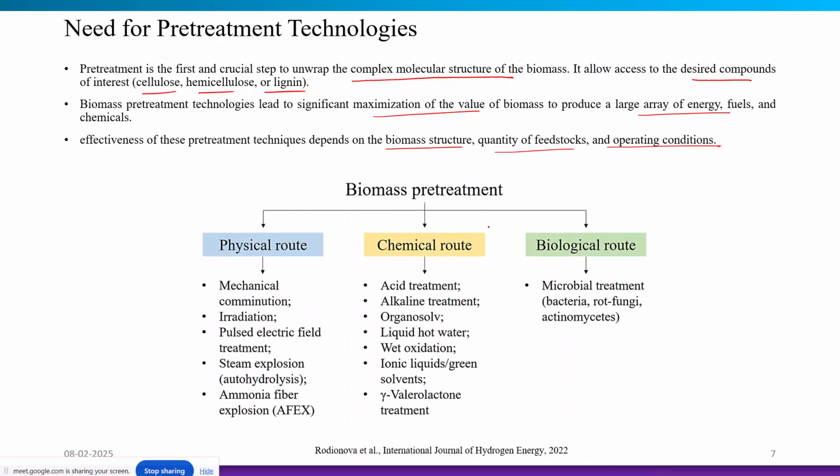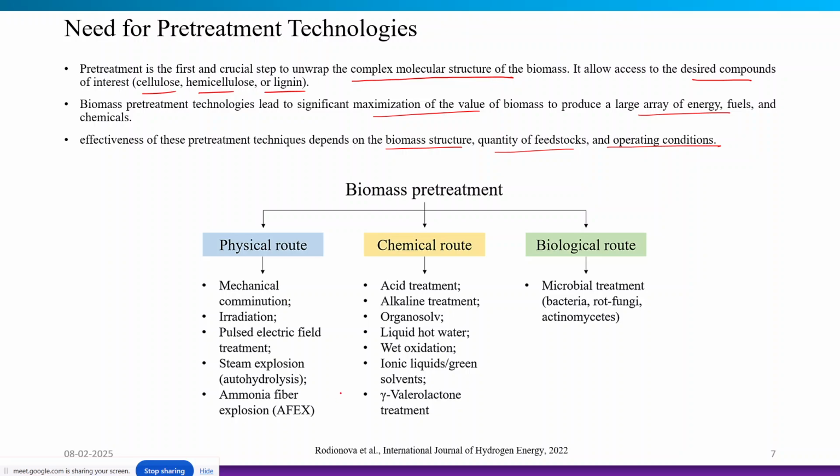So depending on this figure, we can see that we can classify the biomass pretreatment into three basic routes: physical route, chemical route, and biological route. In the physical route, we have mechanical comminution, irradiation, pulsed electric field treatment, steam explosion, and ammonia fiber explosion.